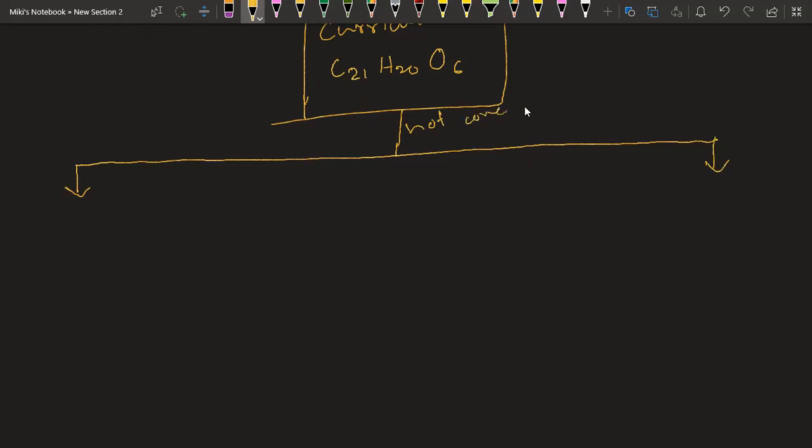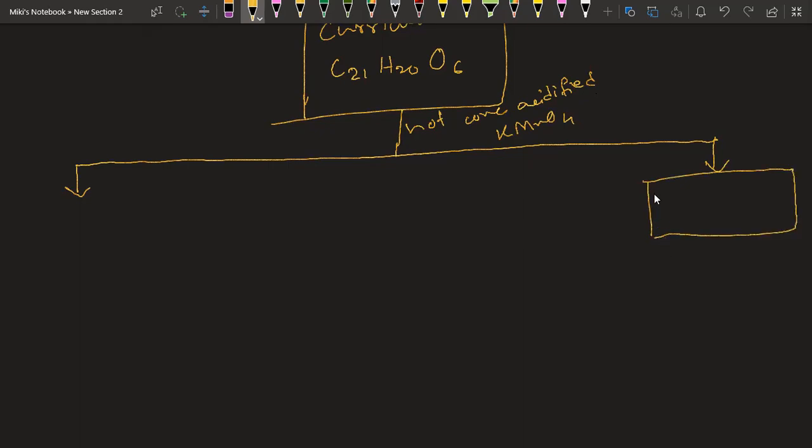Hot, concentrated, acidified KMnO4. We have here a product here.